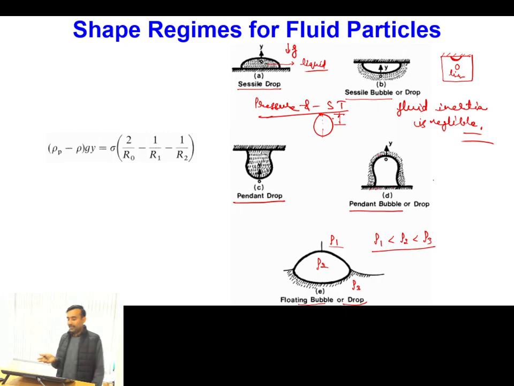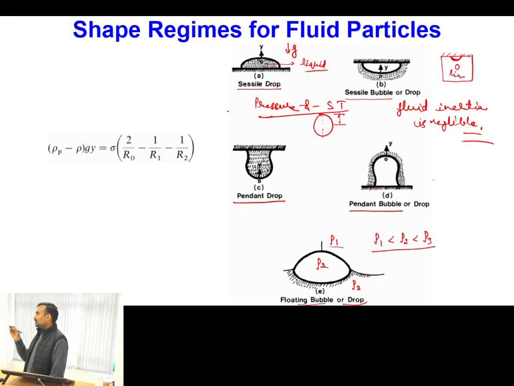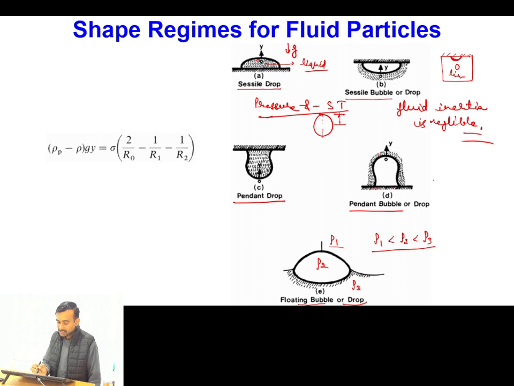And the way these shapes are there, whenever I will be moving here and there over this interface, what will be happening? The mean curvature of the interface is changing. So if the mean curvature of the interface is changing, it means surface tension force will be changing.